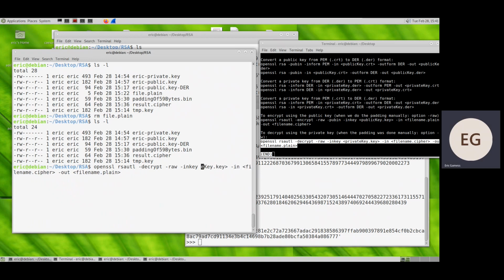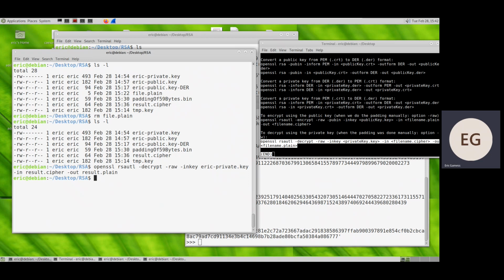Eric needs his private key to decrypt, so here we put the private key of Eric. Only Eric has his private key. The input file is the cipher file, result.cipher, and the output will be the plain text file that I already removed, result.plain.